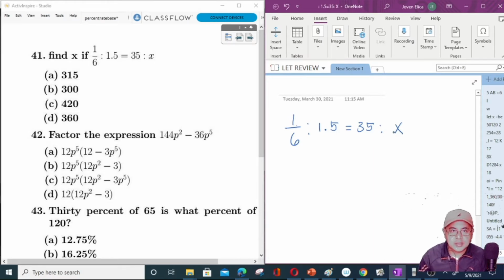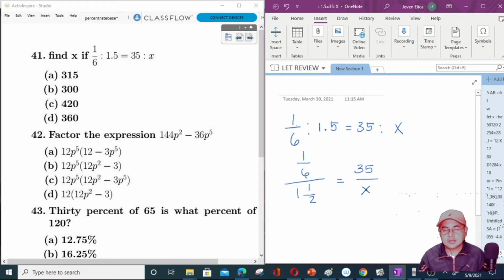So we are asked to find the value of x. Of course, let's express the left equation as a fraction. So 1 over 6 over, and convert the decimal into a fraction also. It becomes 1 and 1/2 is equal to 35 is to x. Express it in terms of fraction.